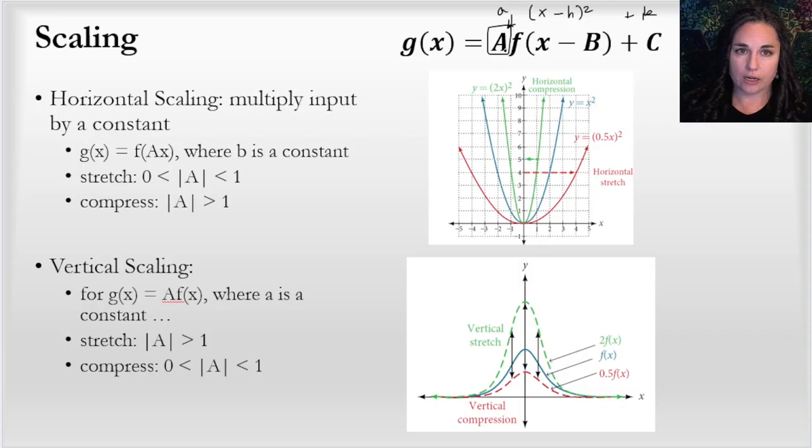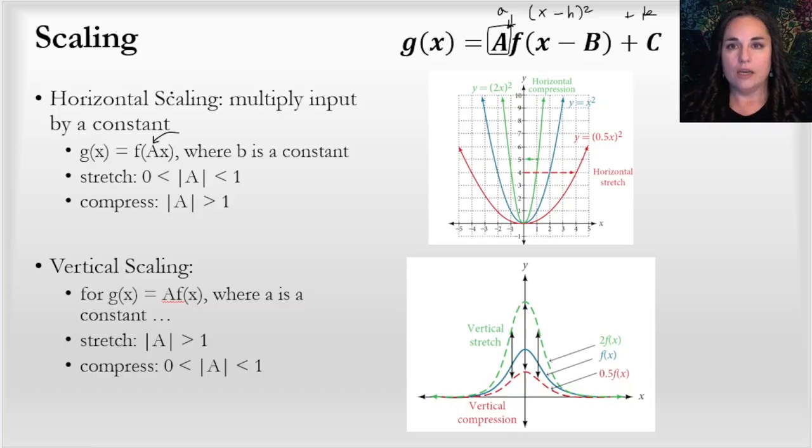There's an a here. But there's two ways that a can cause a transformation in scaling, and that is a little confusing for me. That's why I made these little details down here. We could have a, the scaling factor, scale the input, and that's not surprising, right? We've done that a couple of times already. Am I moving it left or right, or am I moving it up and down? And that constant goes in different places.